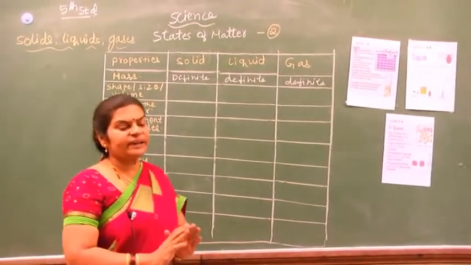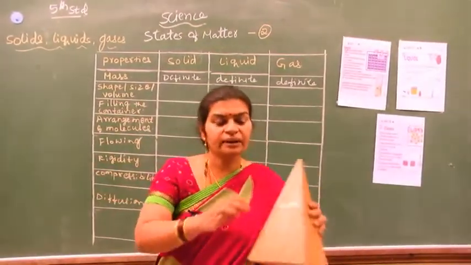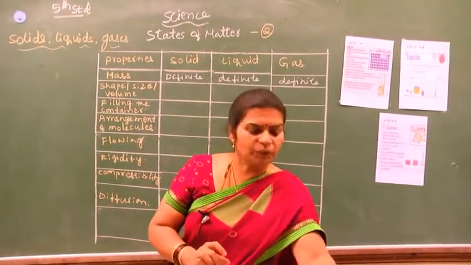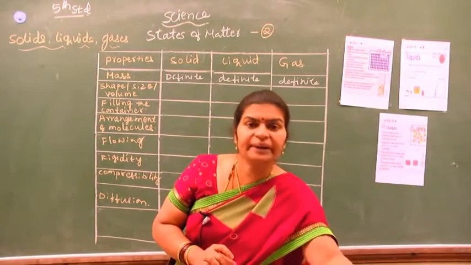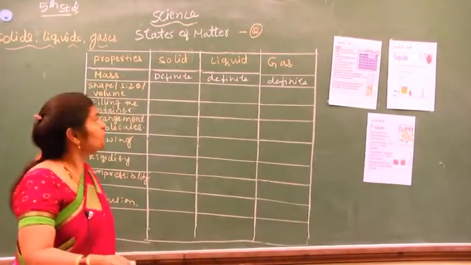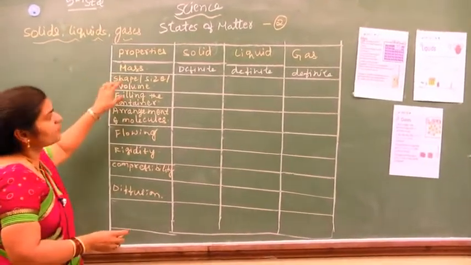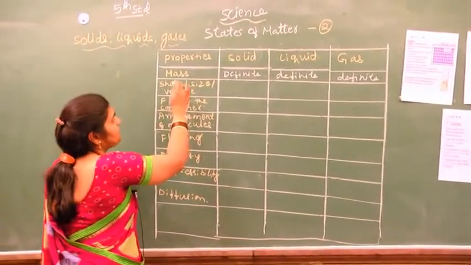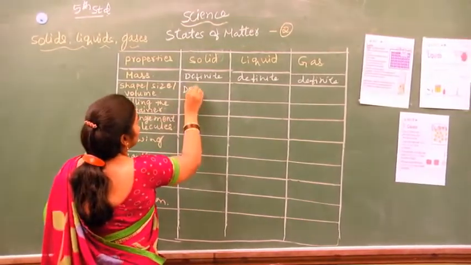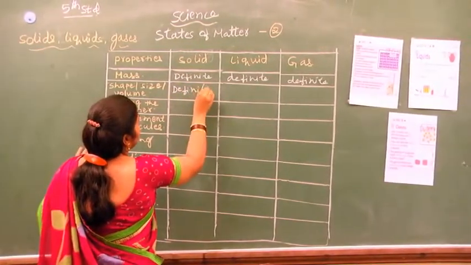In the case of a solid, it is the shape that we consider as the volume, or it is the place occupied by the substance, that is called volume. So in the case of solids, shape, size and volume, everything is definite.